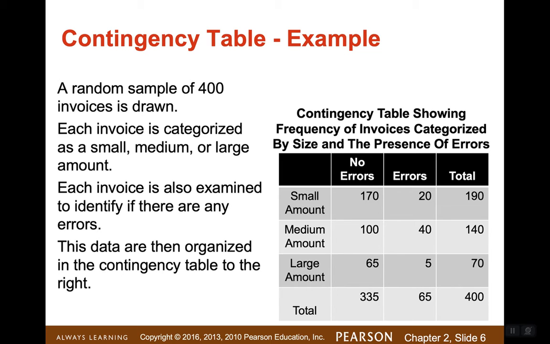There are two variables, and where they intersect is where we put our numbers. In this case, no errors and a small amount is 170. Errors and a small amount is 20. So combined, it's 190. We do horizontal and vertical calculations. Ultimately in our lower corner here, this is our total. Everything should add up to the total.